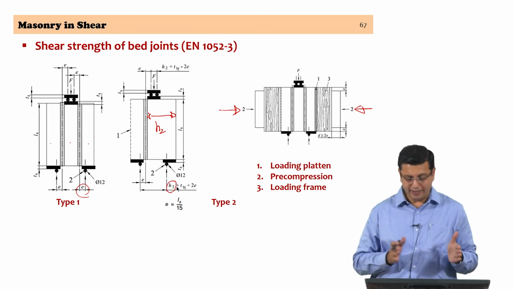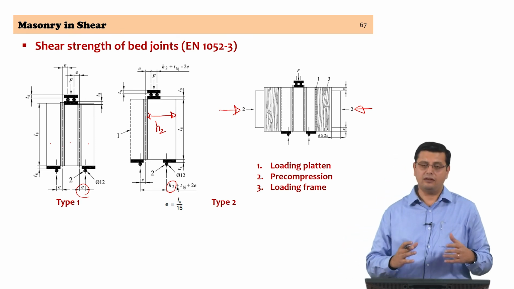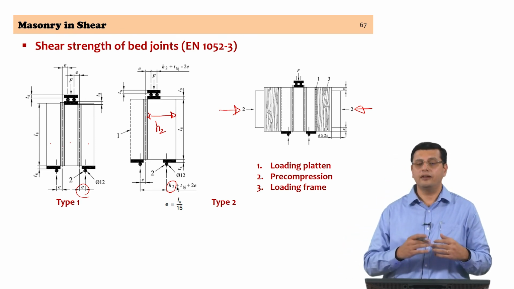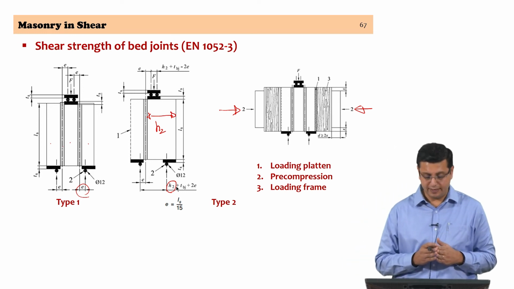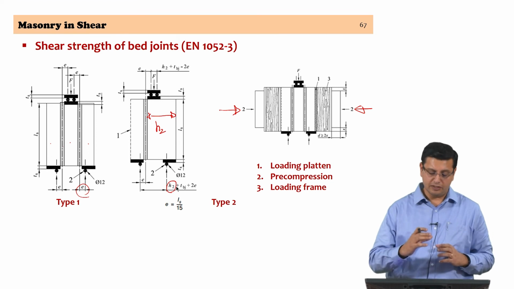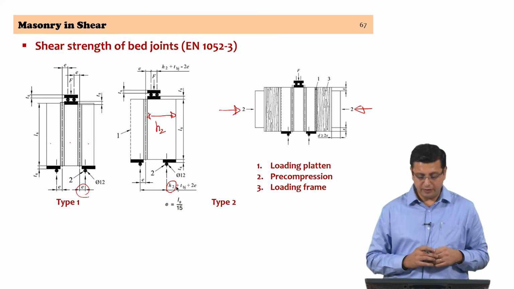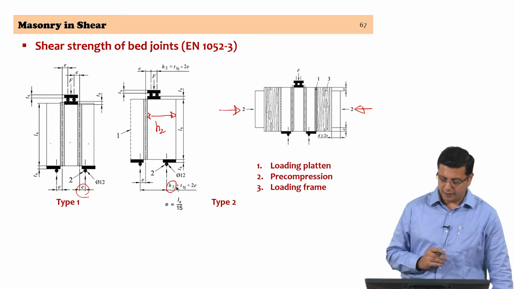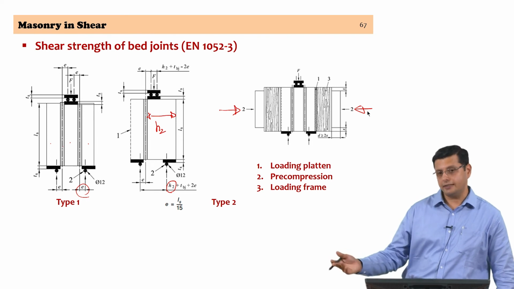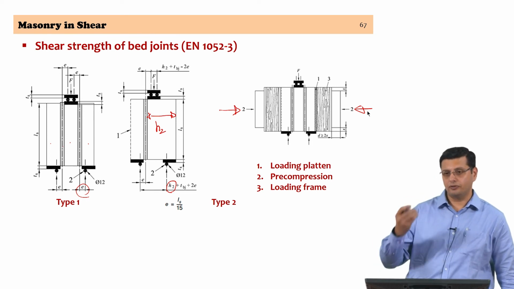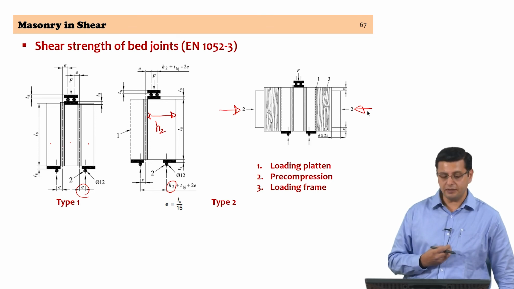How do you arrive at the loading based on the intention to reduce the moment that can act on the joint itself? You want just shear to be acting on the joint that is being tested. So, this test is conducted under different precompression levels, because you want to characterize the behavior of the joint. This is affected by the level of precompression.